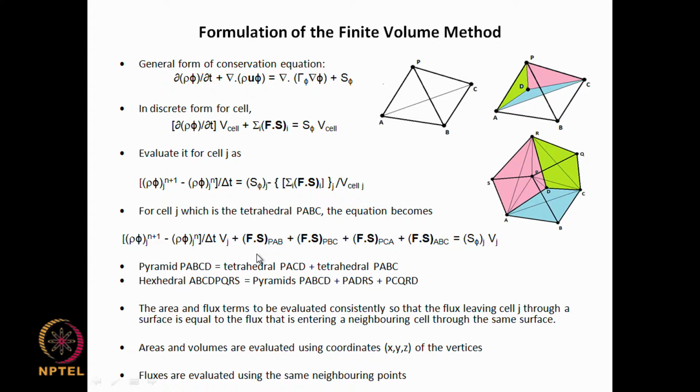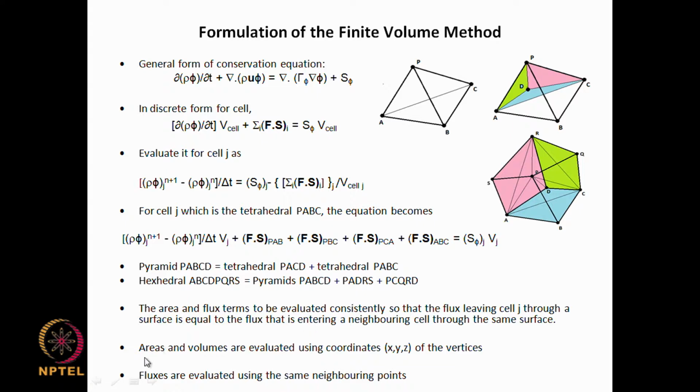If we make use of the same information for this cell and the neighboring cell with which this face is shared, and if we make use of the same formulas, then we can make sure that there is a consistent evaluation of flux.